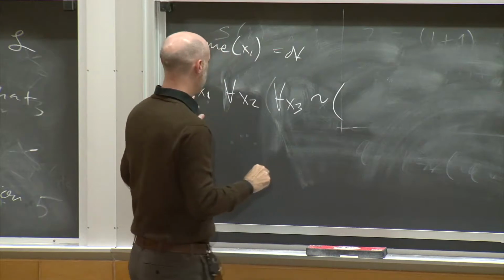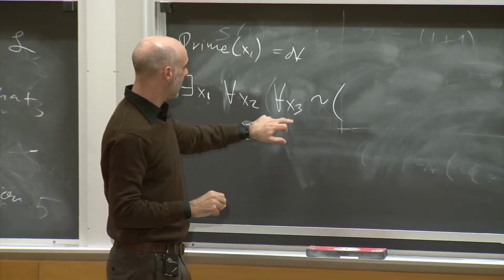OK. There's something such that you pick any numbers you want. Yeah. And then not x2 times x3 equals x1. And x2 and x3 not equal 0 or 1. Or I guess x1, x2, x3 not equal 0 or 1.